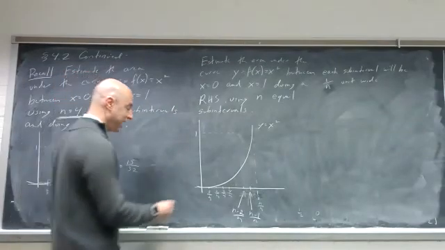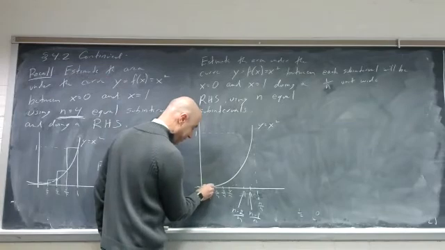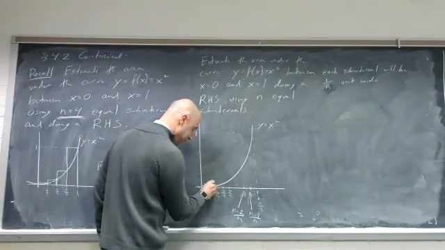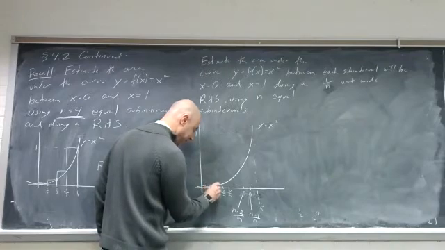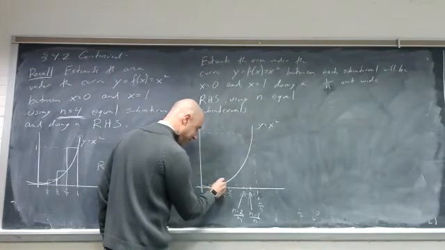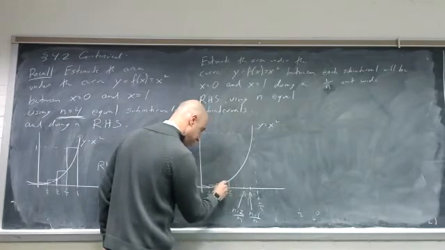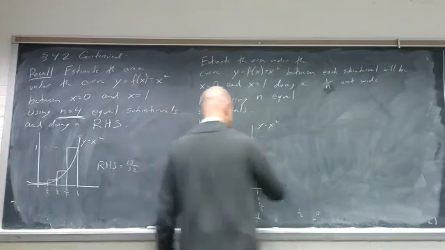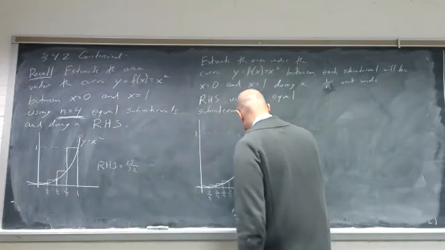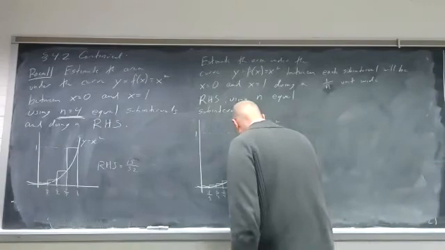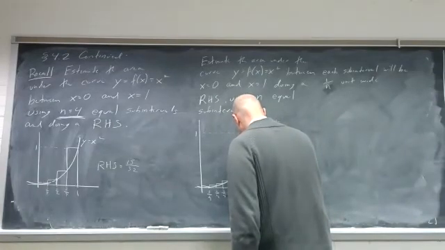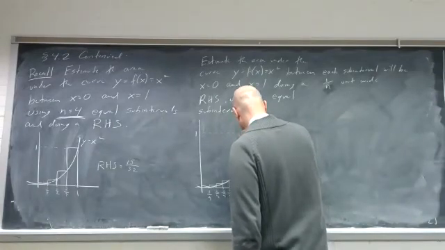Then we're going to draw rectangles. However many rectangles there are, n of them. But I didn't tell you what n was. Just doing this generally. As I said, our answer is going to have an n in it. It's supposed to be a rectangle.